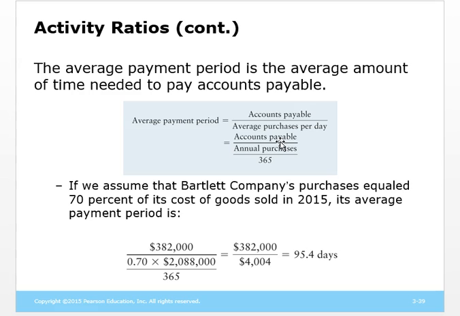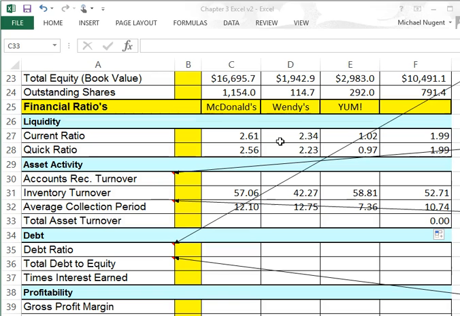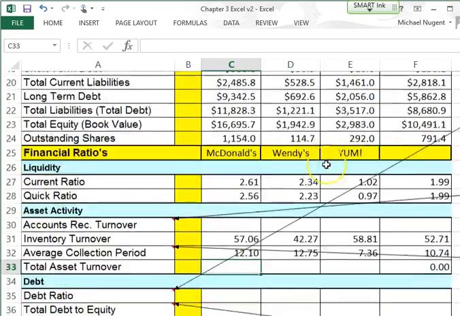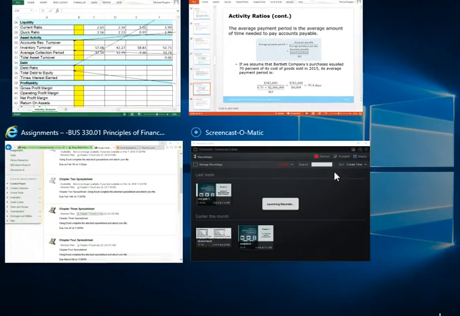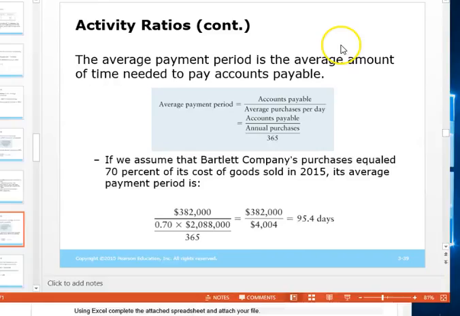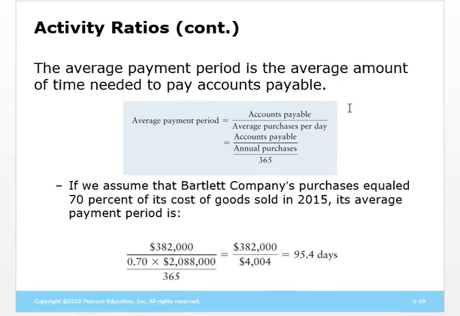Okay, average payment period. I don't think I bothered to put this one in. So the average payment period is the same calculation, but it's done on the other side. It's from the payable side. There's not a space on the handout, so we'll calculate this one by hand using the formula here.